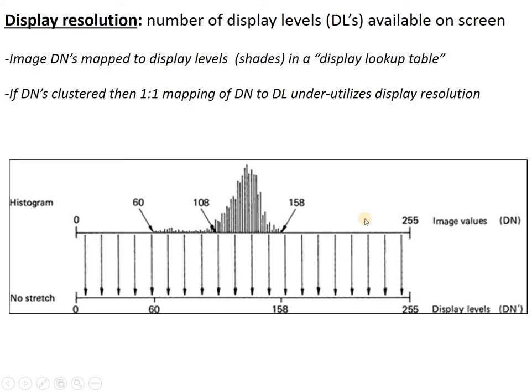It may be that in your image there was nothing especially bright, so no pixels showed up over here. Maybe there was nothing dark, so no pixels showed up over here. Everything's clumped right in this range.